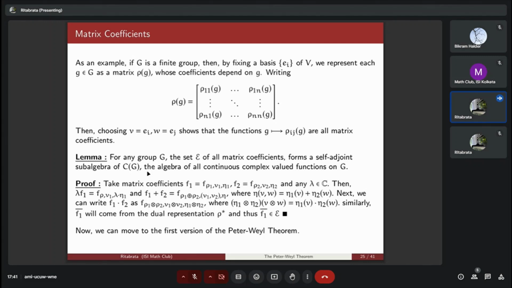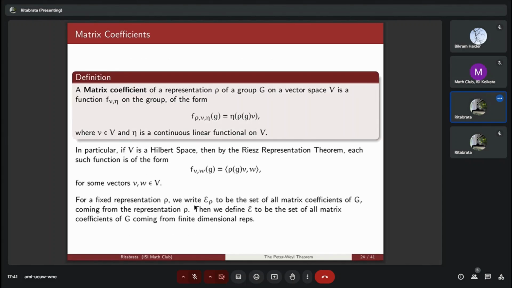How? So f1, how do we obtain f1? f1 is obtained from one representation and one vector. So how do we find a matrix coefficient? We need one representation rho, one vector, and one linear functional. If we have f1 and f2, that is, we have two representations, two vectors, and two linear functionals.